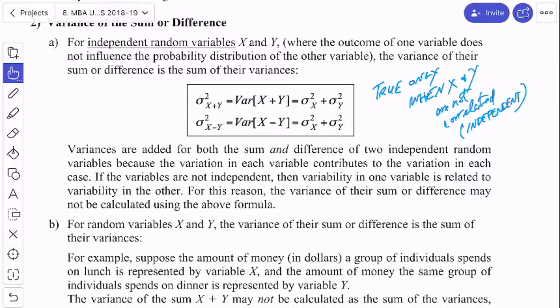Okay? In that case, the variance of the sum is the same as the sum of the variances. Also, the variance of their difference is the same as the sum of their variances.